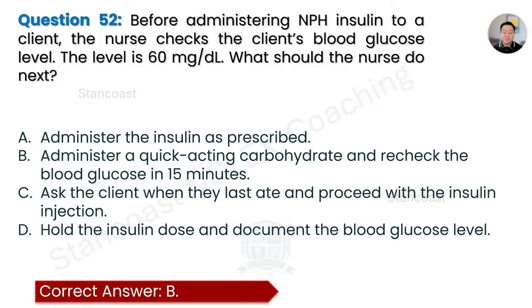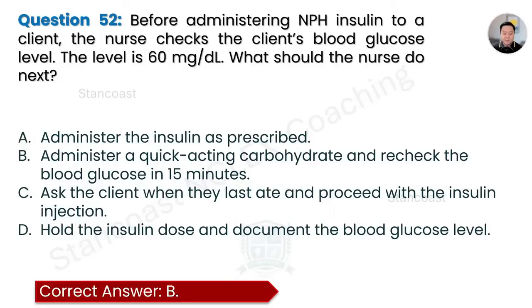A blood glucose of 60 milligrams per dL indicates hypoglycemia, which requires immediate intervention by giving the client a quick-acting carbohydrate. Could be a juice or glucose tablets. And you have to recheck the blood glucose 15 minutes later to ensure the hypoglycemia is corrected before proceeding with insulin administration.